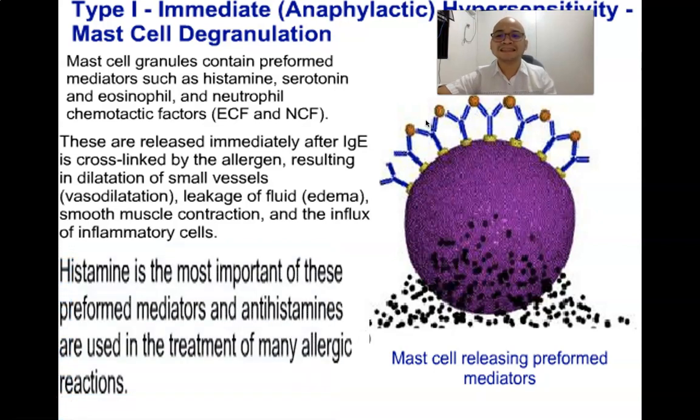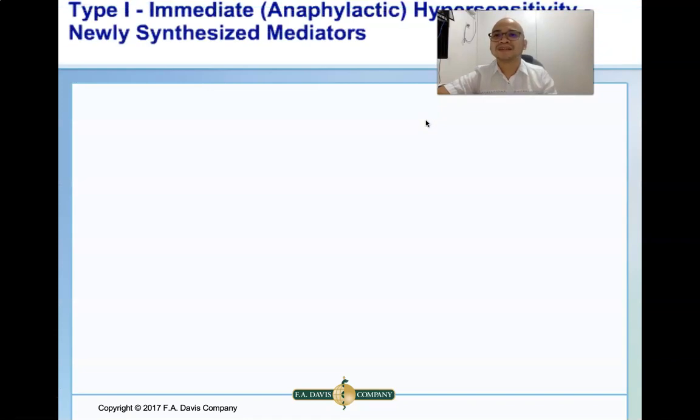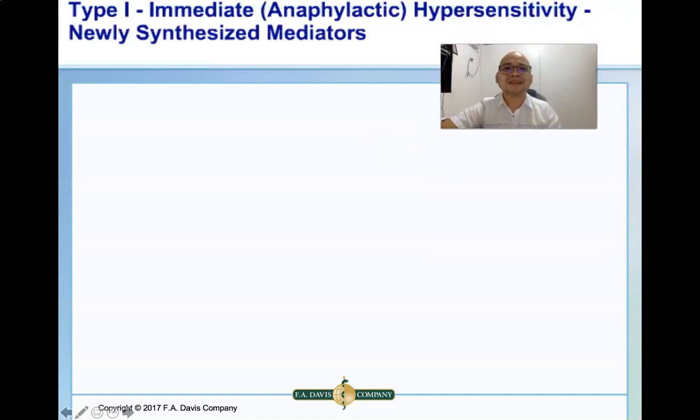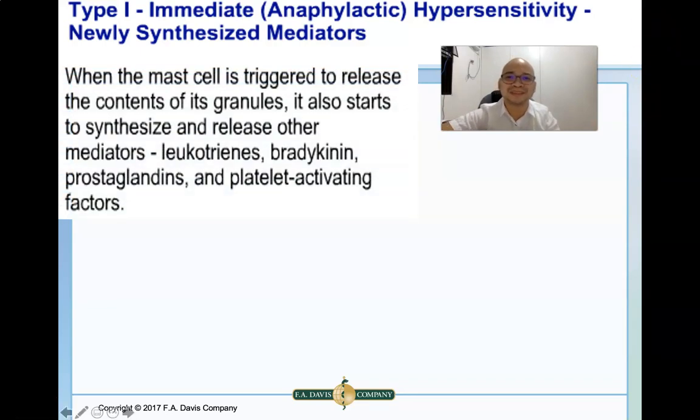Histamine is the most important of these preformed mediators, and most over-the-counter drugs target histamine as antihistamines, a treatment for many allergic reactions. Aside from the preformed mediators, we also have the newly synthesized mediators.